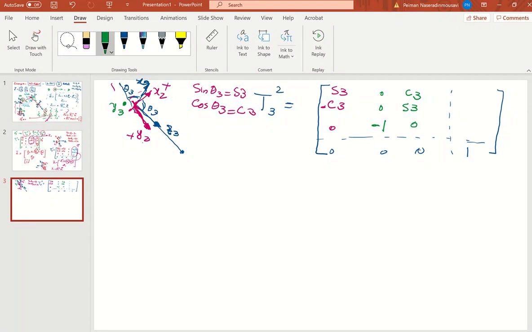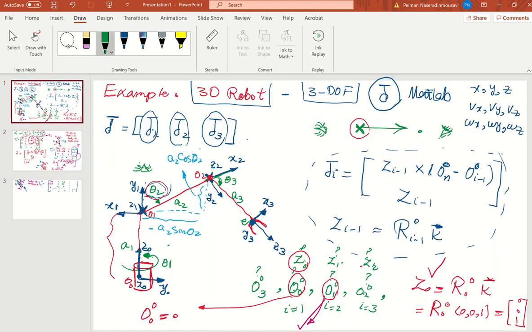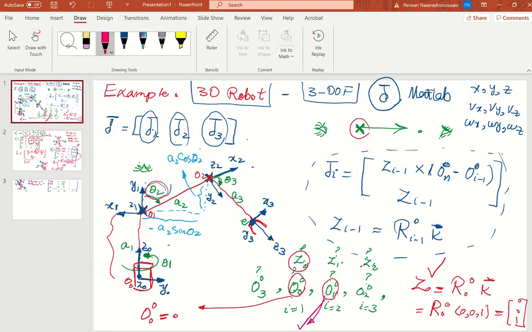Understand? What about displacement between the origins? Let me show you with another color. Here we go. So the origin of this, which is O3 with respect to O2, has this displacement, guys, based on the frame 2.